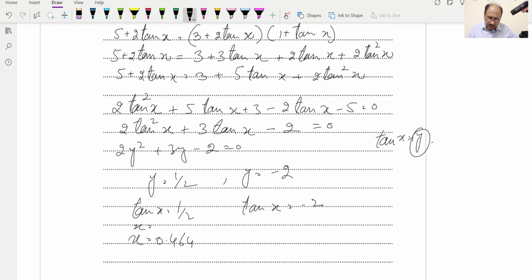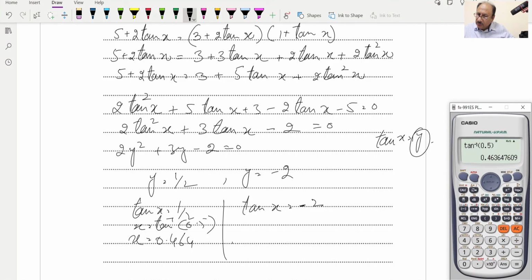And we can write here x is equal to tan inverse of 0.5 or 1 by 2, and then tan inverse of minus 2, so basically we will be taking minus 2 here and this will give us minus 1.1.